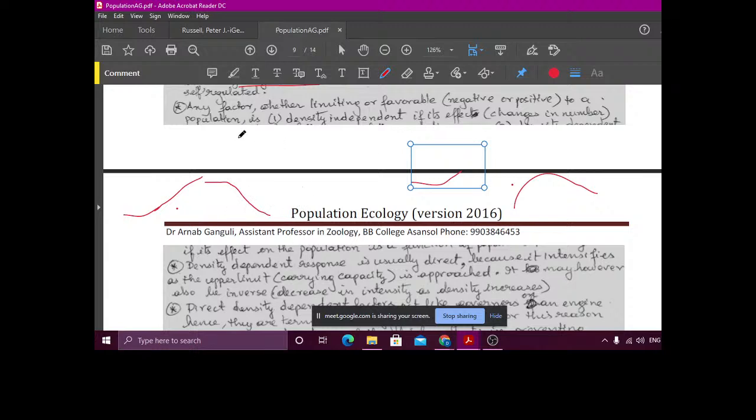There are two ways this happens: one is density dependent and the other is density independent factors. So what is a density dependent factor? It is a factor which depends on the density. The more individuals there are in an area, the more the density increases and the population starts to fall.